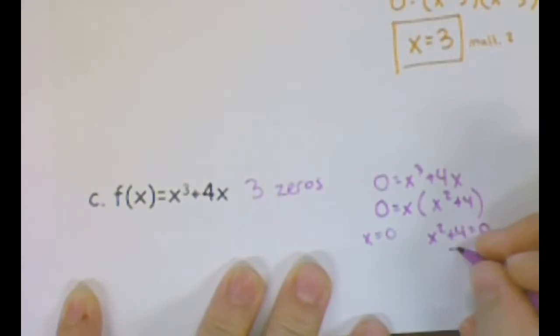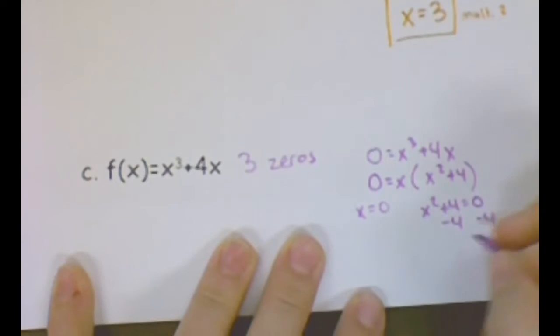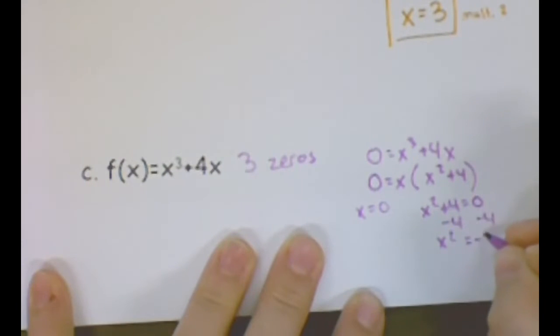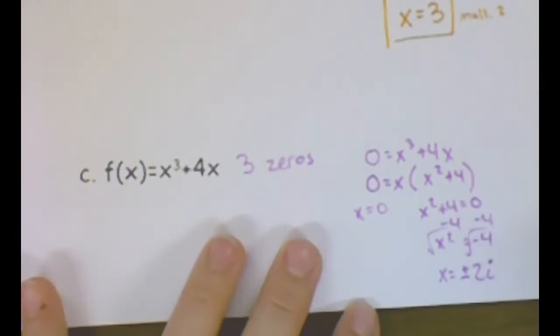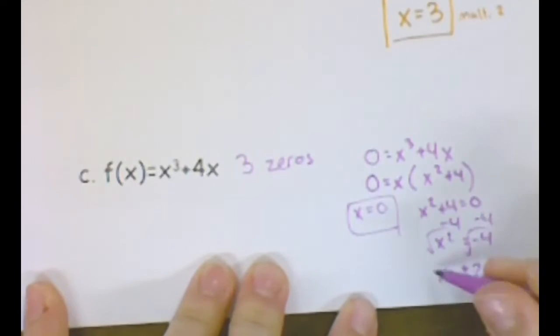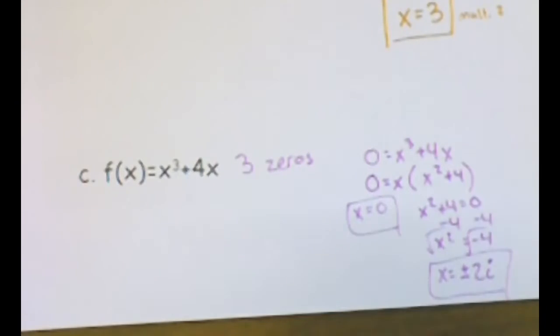For that one, we subtract 4, giving us x squared equals negative 4. And then we square root both sides, giving me x equals positive or negative square root of negative 4. Well, the square root of 4 is 2, and the negative just means it's i. So my zeros are 0 and positive or negative 2i.